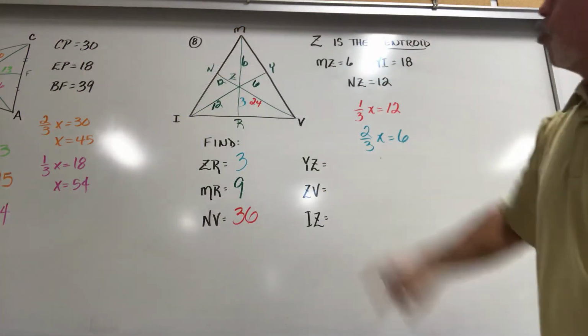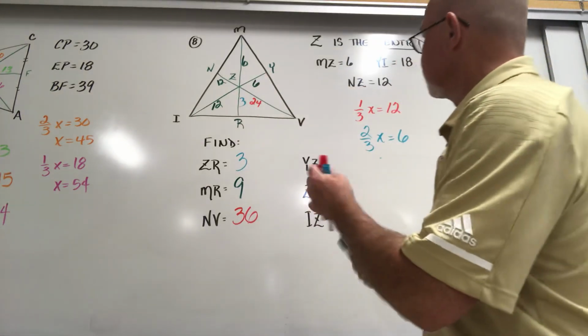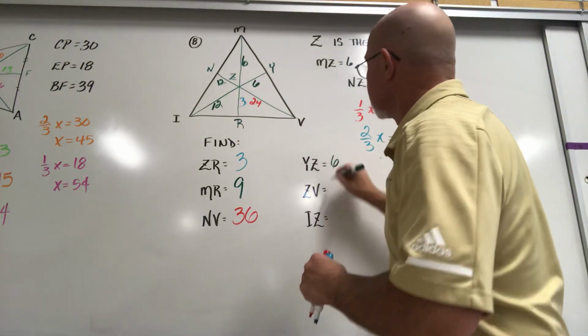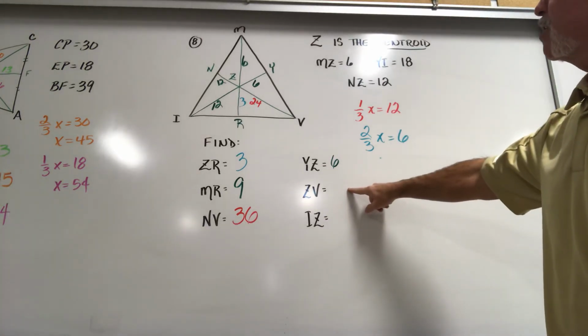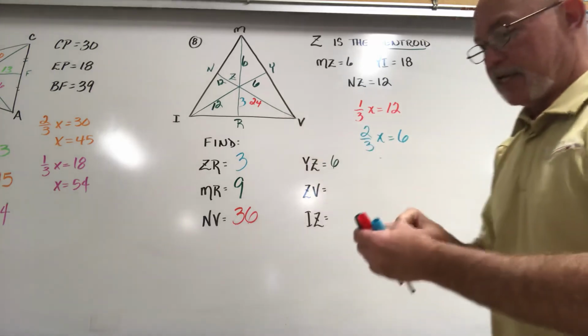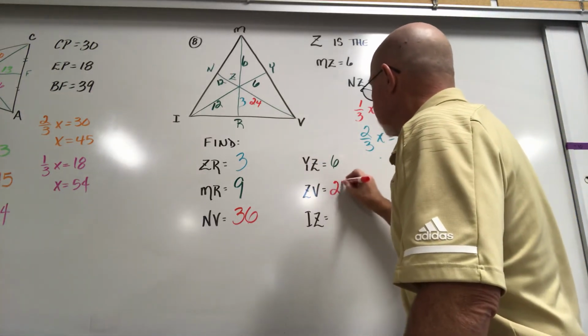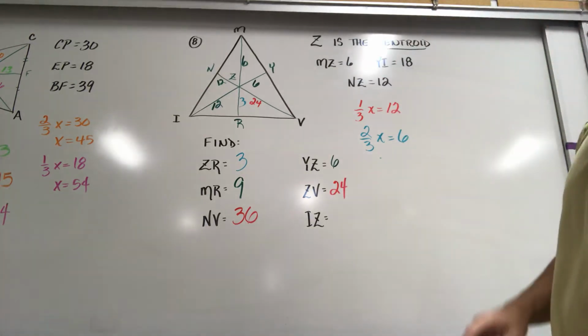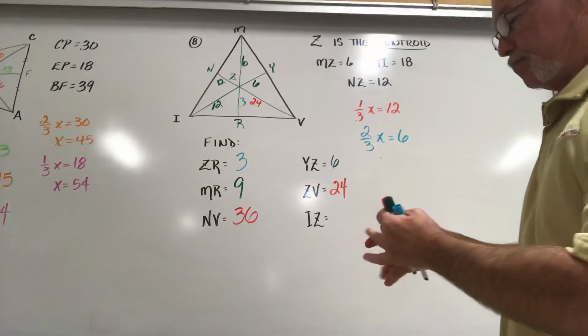YZ is right there. ZV is this one right here. And IZ is this right here.